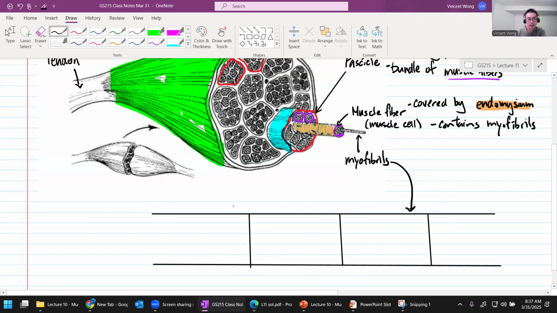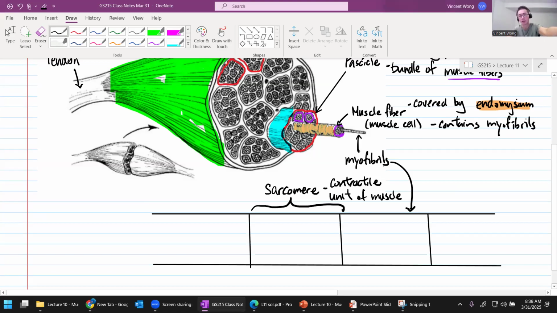Each of these things is called a sarcomere, which is the contractile unit of muscle. Remember, muscles can only contract, shorten, but not lengthen. And the shortening is caused by these sarcomeres individually getting shorter. So every time each sarcomere gets shorter, the overall thing is going to become shorter as well.